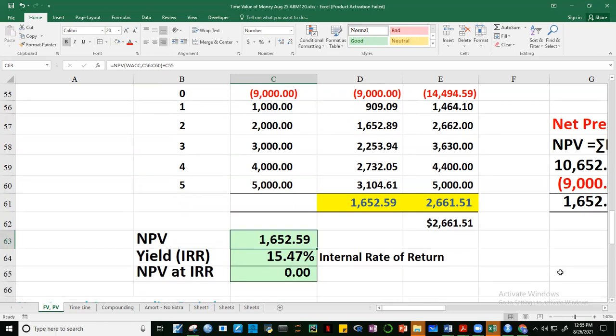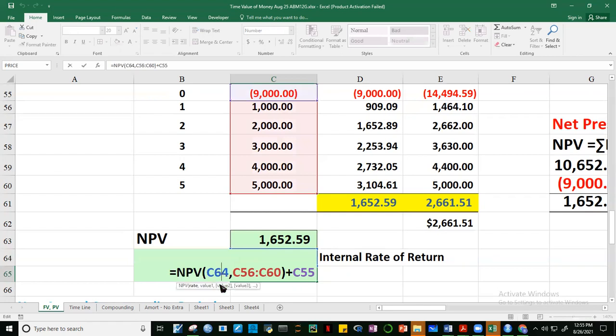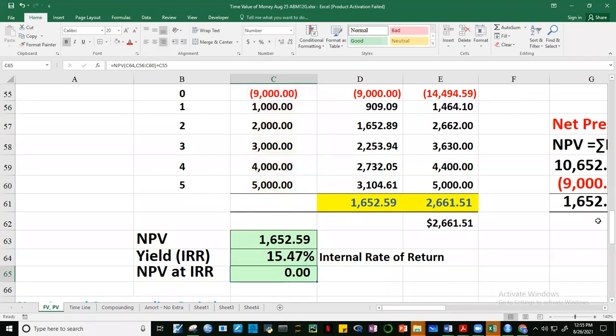Okay? Then we said also that IRR can be defined as that rate of return where the net present value is equal to 0. So if we assume that the WACC is equal to the IRR, 15.47, then pag kinompute natin yung NPV niya using the rate equal to your IRR, then we will get a value equal to 0.